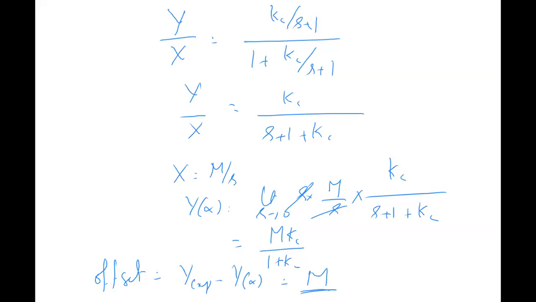Clear? M minus M Kc by 1 plus Kc, which will be M by 1 plus Kc. Just take 2 minutes and read the entire offset again. Understand. We'll go to another concept.